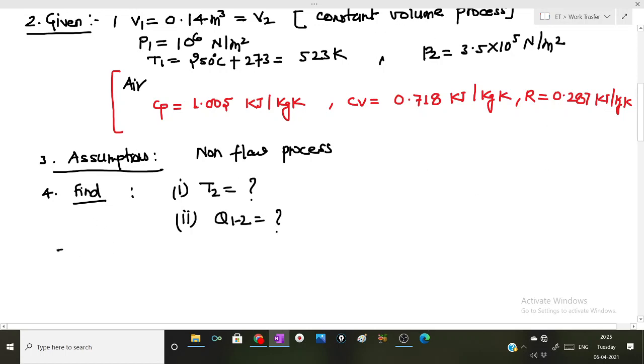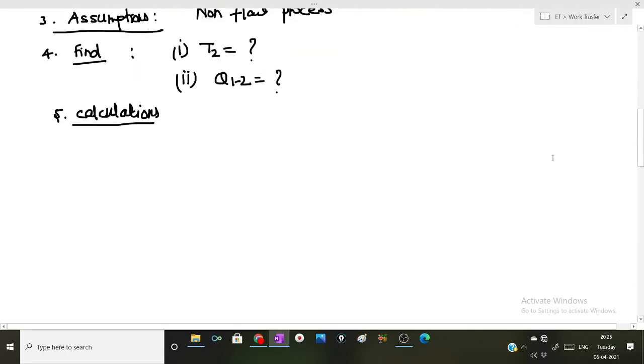Now let us do the required calculations. Once again we will enlist all the general formulae.